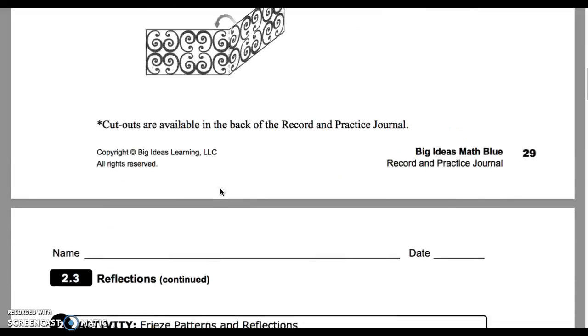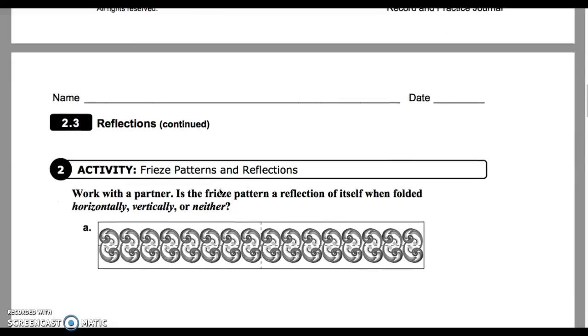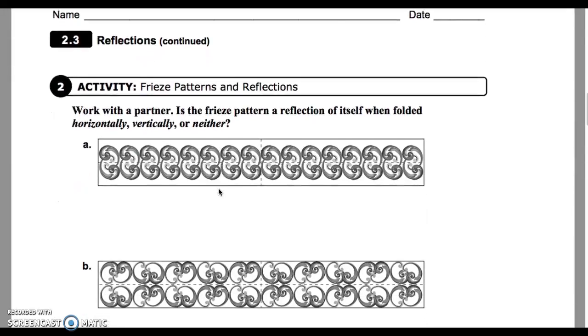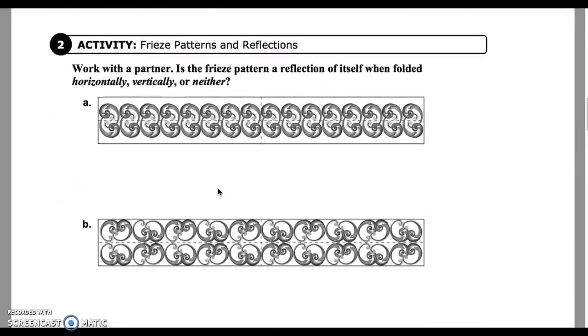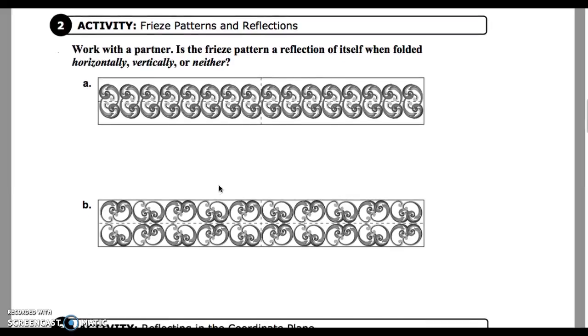All right, so let's flip over to page 30. Let's look at part A. We have a different pattern here. To me, it kind of looks like a backwards S. I notice that this image is just translated. It's copied and pasted over and over again. What they want to know is, is it a reflection of itself when it's folded horizontally, vertically, or neither?